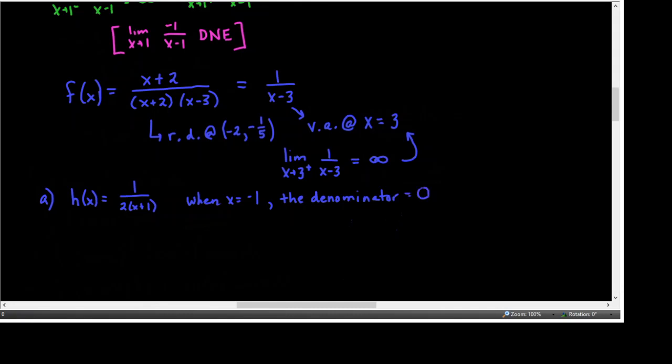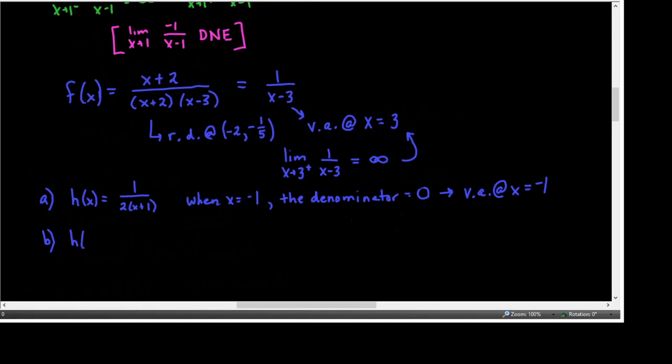And since I can't cancel x plus 1 with anything up in the numerator, I know that that's going to give me a vertical asymptote. So that means that I have a vertical asymptote at x equals -1. And you could graph this one on your graphing calculator and convince yourself that that's correct.